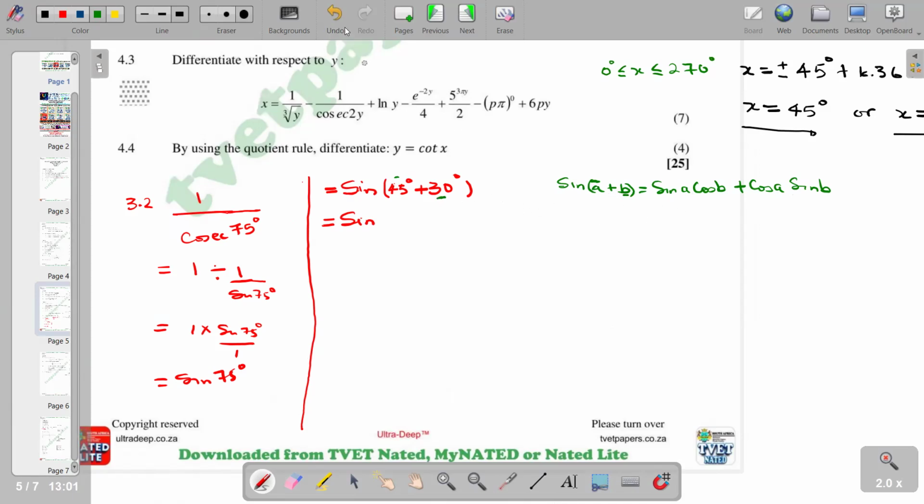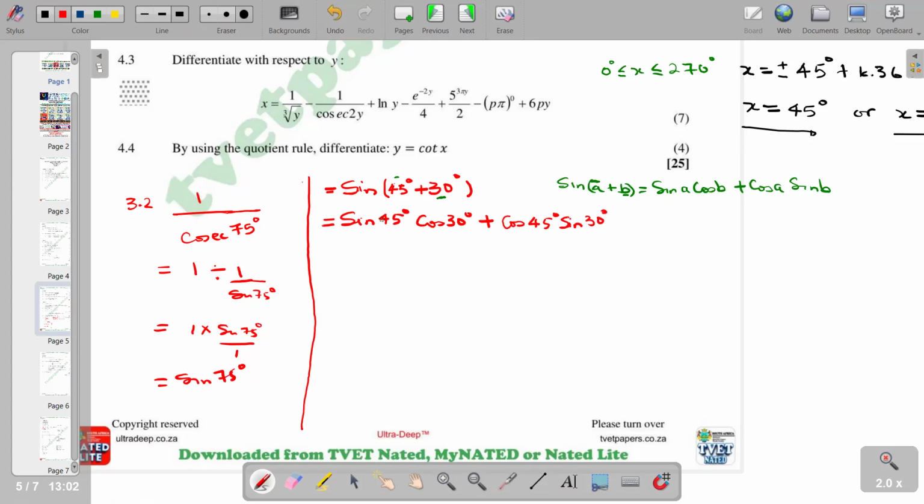Using this formula, we are going to end up having sine 45 degrees cos 30 degrees plus cos 45 degrees sine 30 degrees.